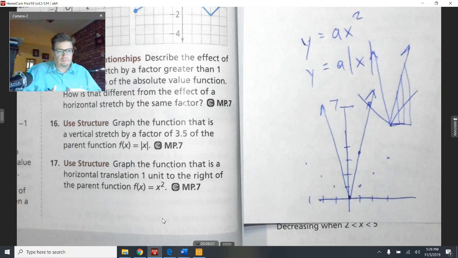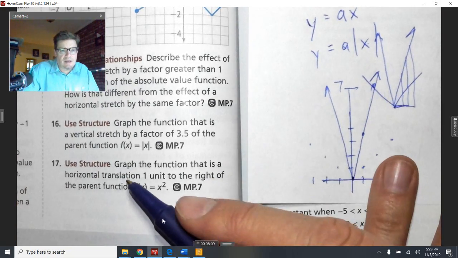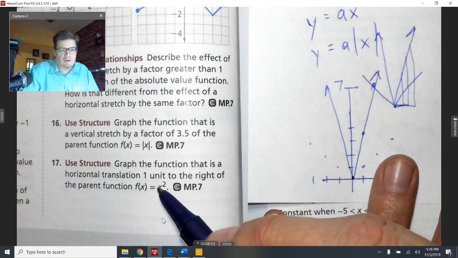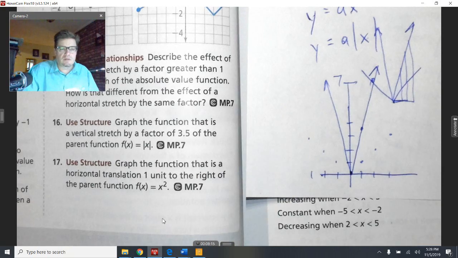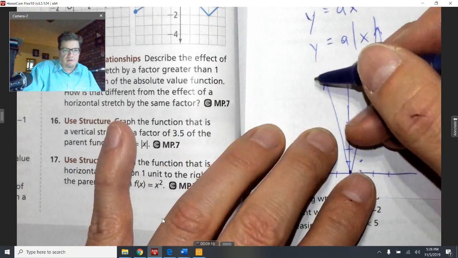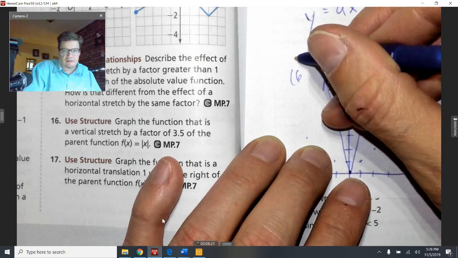Now graph the function that is a horizontal translation 1 unit to the right of the parent function. First of all, this is 16.